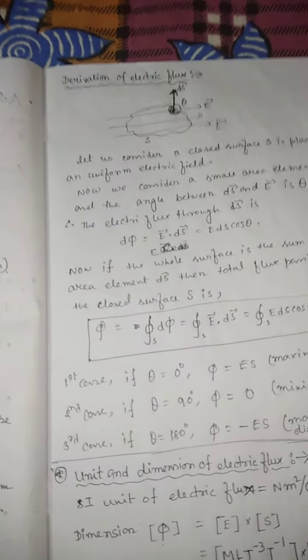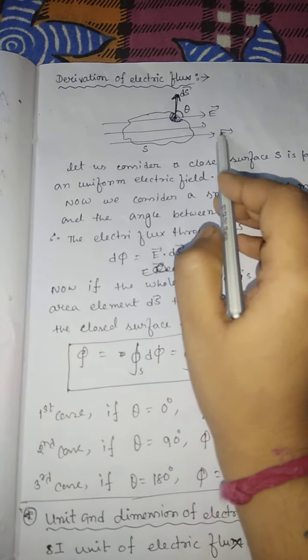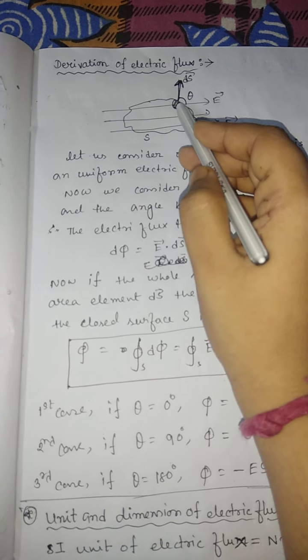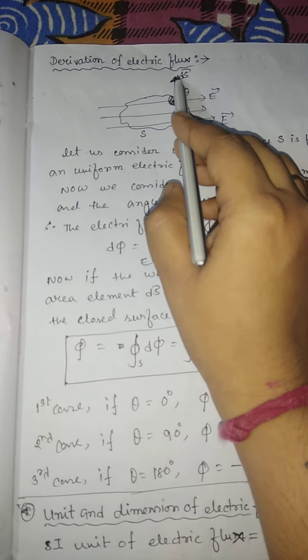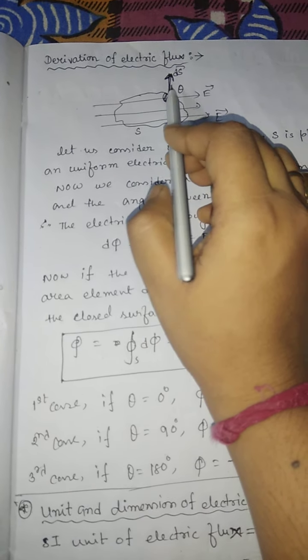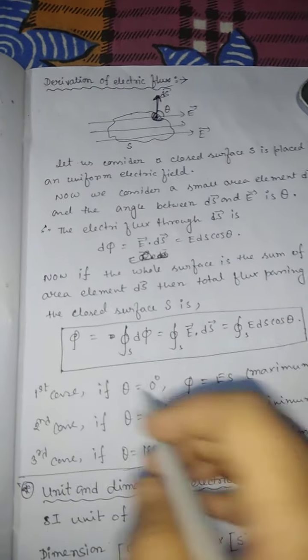Okay, now we derive one formula for electric flux. Here we consider a closed surface S placed inside a uniform electric field E, and we consider a small area element ds. This is not perpendicular, okay, it makes an angle theta with the electric field E. This is the area vector of this small area element.